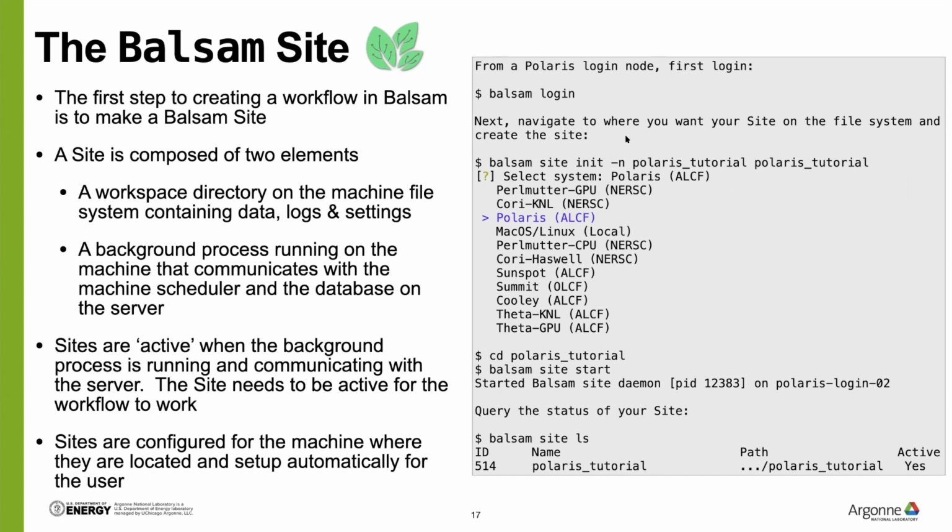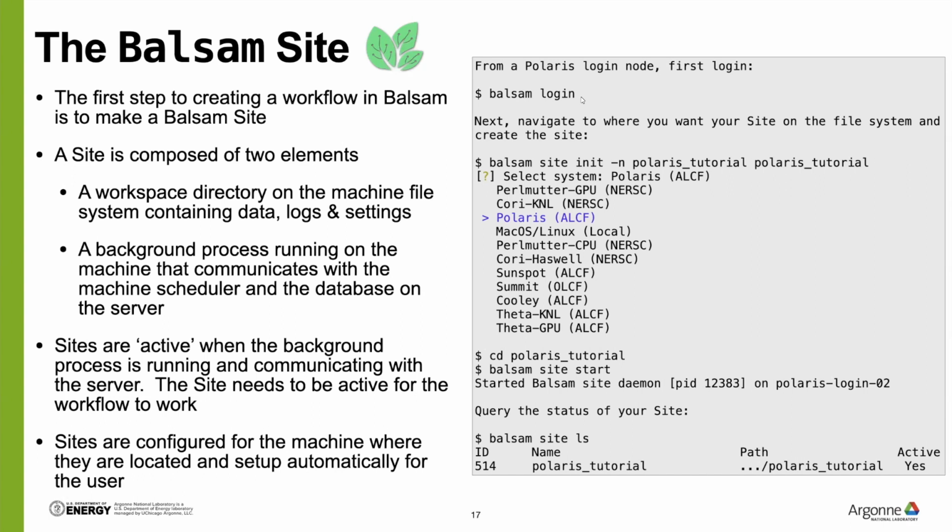Shown on the right here is an example of what you would do on the command line on Polaris to set up a site. First you would install Balsam, as we showed in the previous slide, and then you would have to log into the server. You do that by typing balsam login.